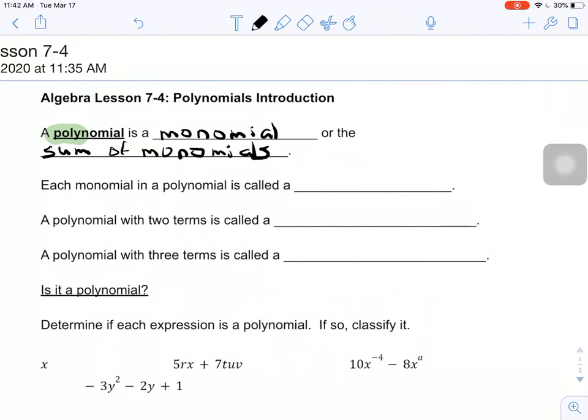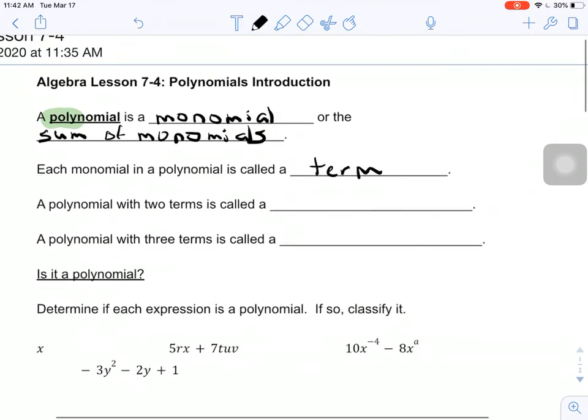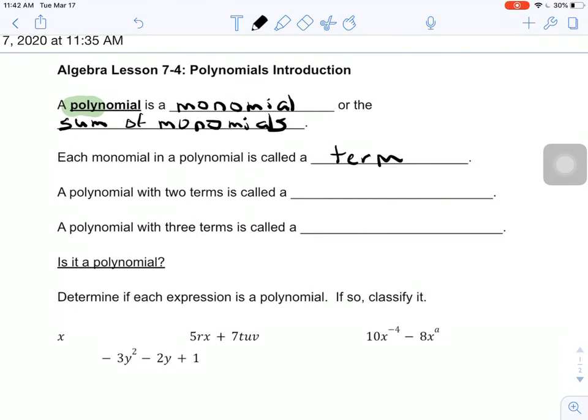Sometimes we name polynomials based off of how many monomials we're adding. Each monomial we're adding in a polynomial is called a term. And we'll look at some examples of this in just a second to help you make sure you're understanding it. So if I'm adding a polynomial with two monomials, or two terms, then rather than calling that a polynomial, a lot of times people will call that a binomial, because bi means two.